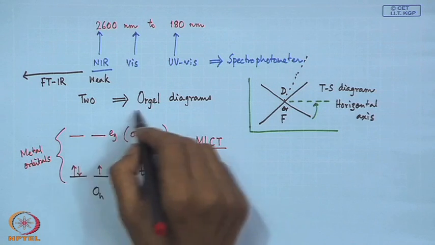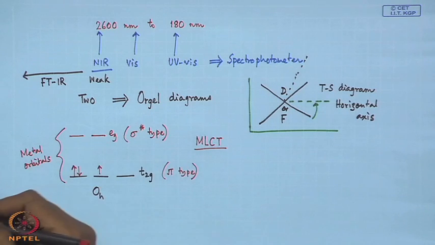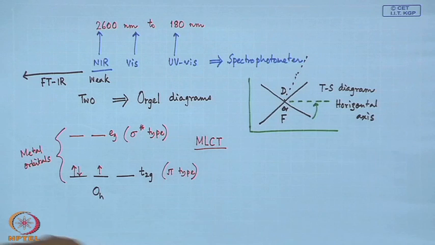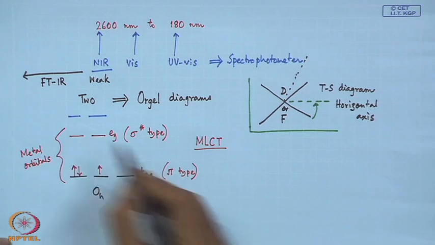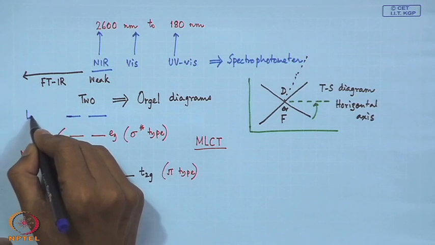Those ligand type orbitals will be somewhere here; these are the ligand acceptor levels.